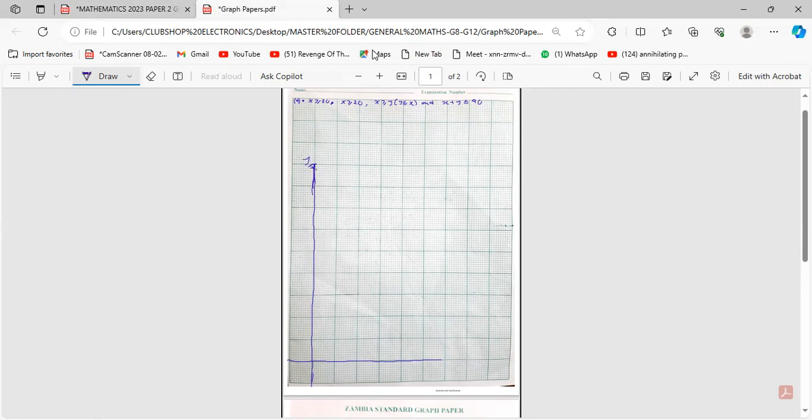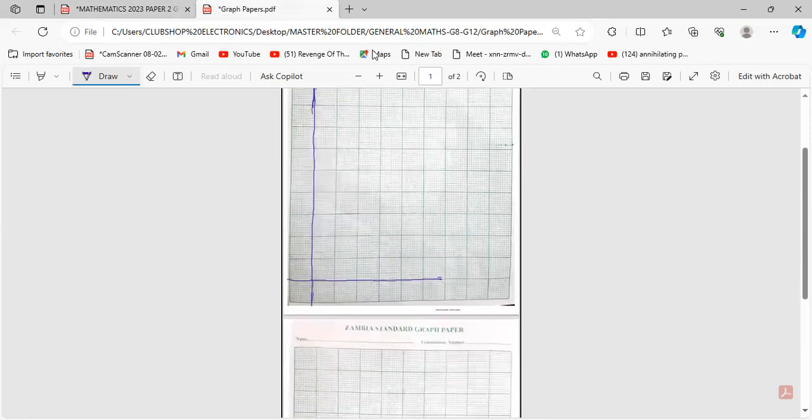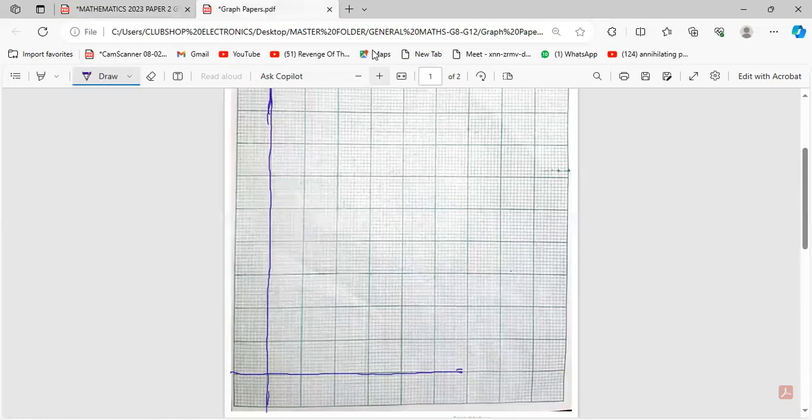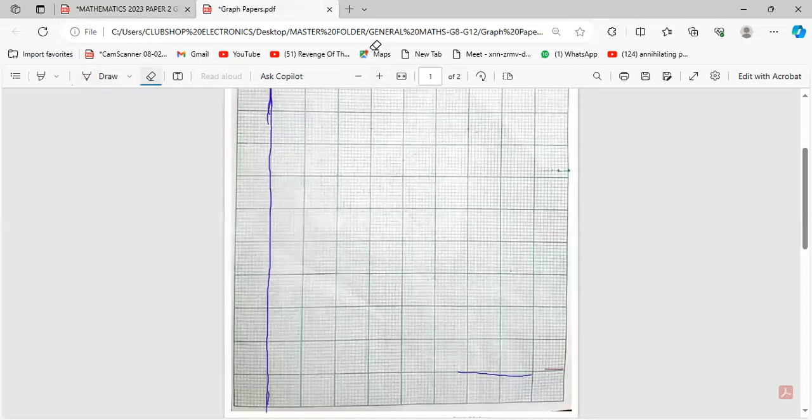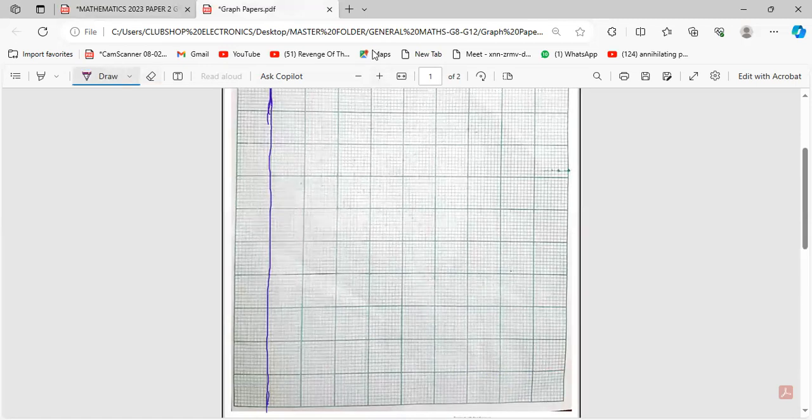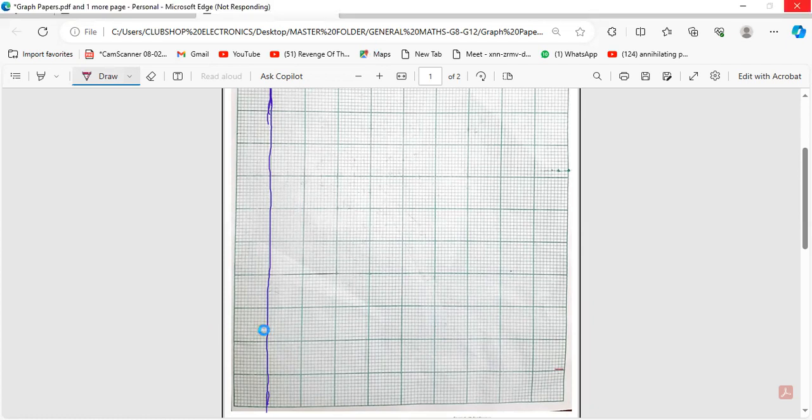This is Y and X. We need to draw the X-axis.